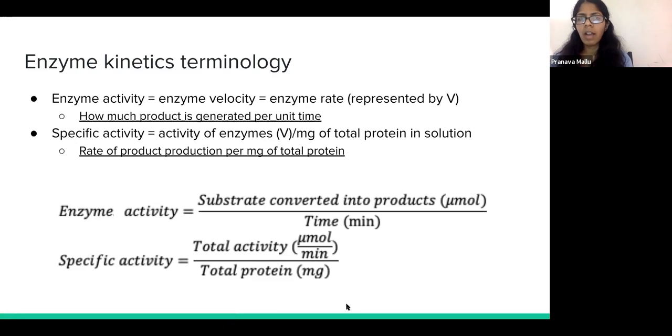You can think of this like in a lab setting when you have a certain protein sample and you're trying to purify it to get the particular enzyme that you're looking for. Specific activity can be a measure of how pure your sample is. So you want your specific activity to be high. Does that help?